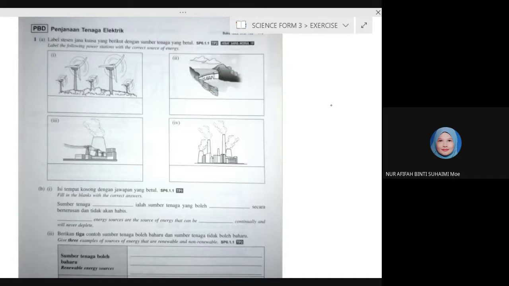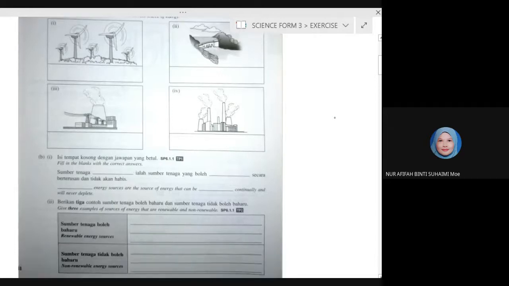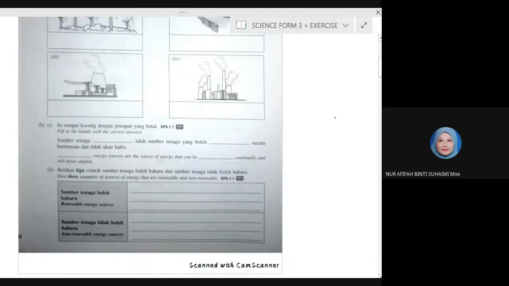Okay. Then number 3, number 4. What's that? The pictures look the same. Smoke comes out. Number 3, the building is bigger. Okay.